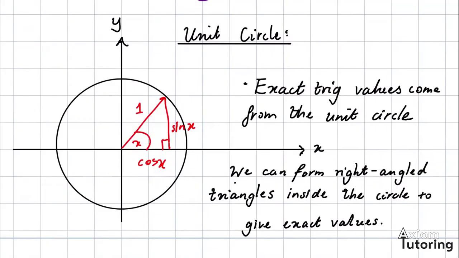And you can see that here we have a circle of radius 1. We have a right-angled triangle formed within the circle. Our theta is x, and so we have one side as cos x and the other as sine x. And we did see that in our first video in our trigonometry series.